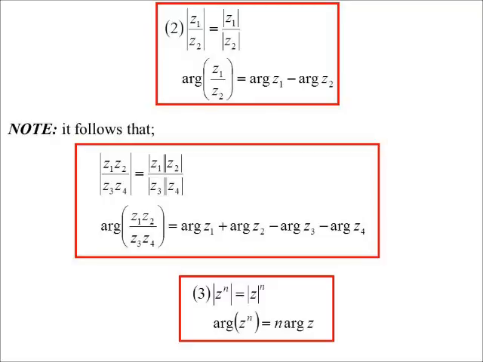That's the same as mod Z times mod Z times mod Z, and so on. Whereas with the arguments we're adding, so the argument of Z to the power of n would be arg Z plus arg Z plus arg Z, n lots of them. So n lots of arg Z.